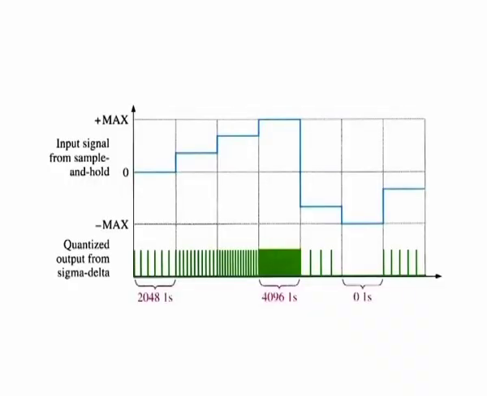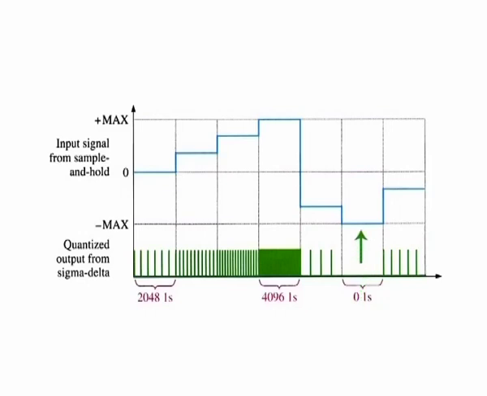A maximum number of ones corresponds to the maximum positive input voltage. A number of ones equal to 1/2 the maximum corresponds to an input voltage of 0. No ones corresponds to the maximum negative input voltage.